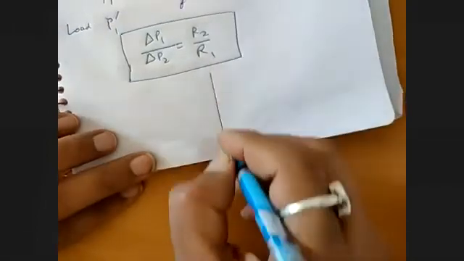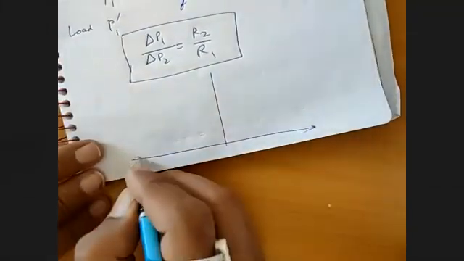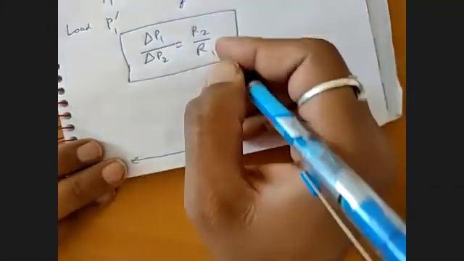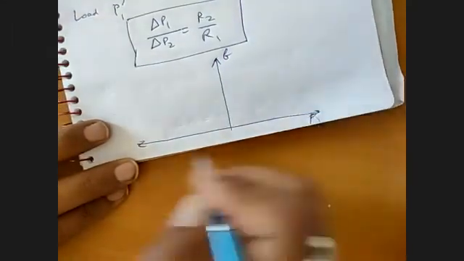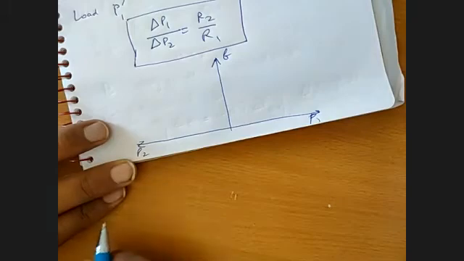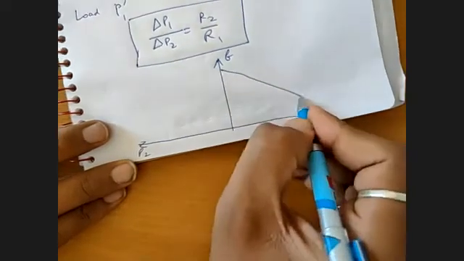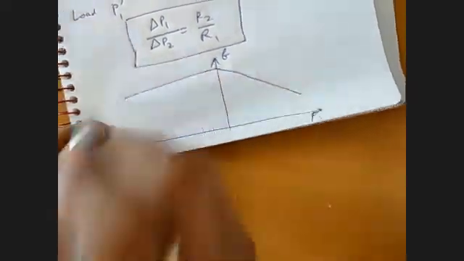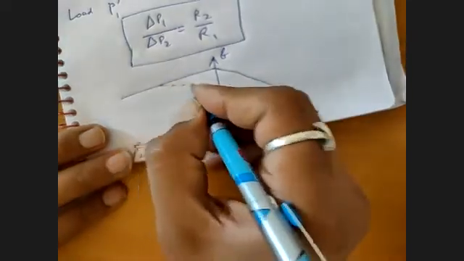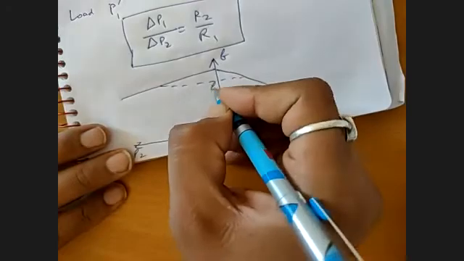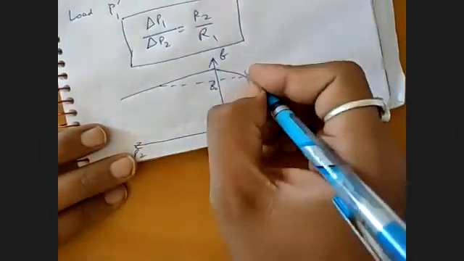According to their rating, because when we draw these characteristics on the same curve, this is your frequency, this is your P1, this will be your P2. Each has its own characteristic. They are operating at F naught, so this is your P1 and this is your P2.